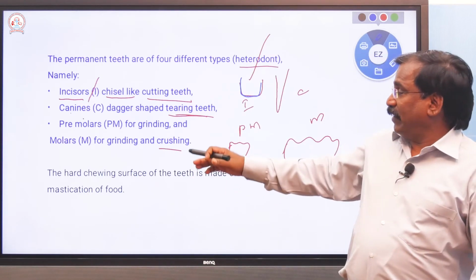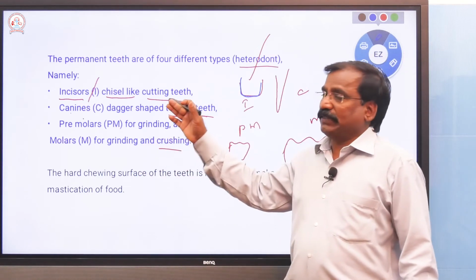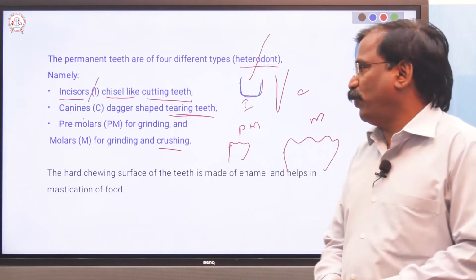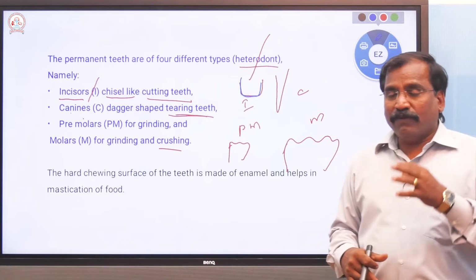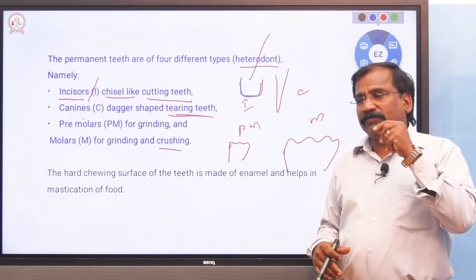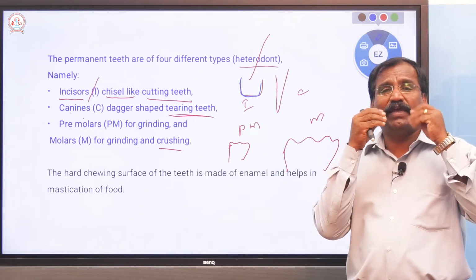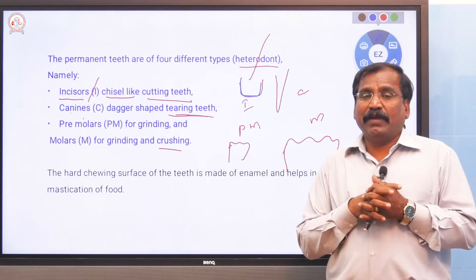Crushing also, that is the grinding and crushing, molars are generally meant for grinding the food. And you know, sir, cutting, tearing and grinding, all that we are doing with the help of our teeth.